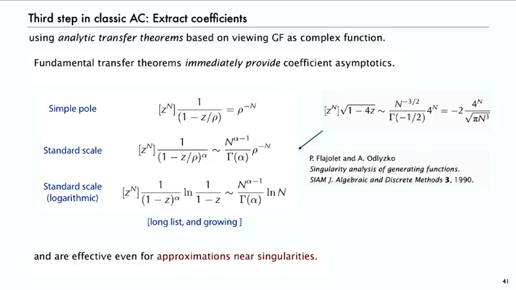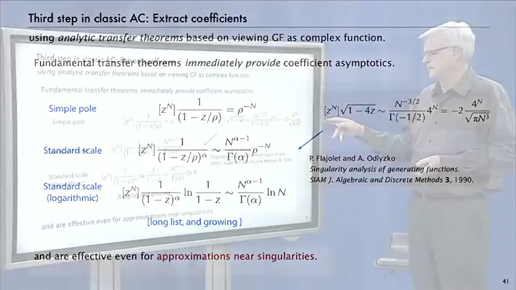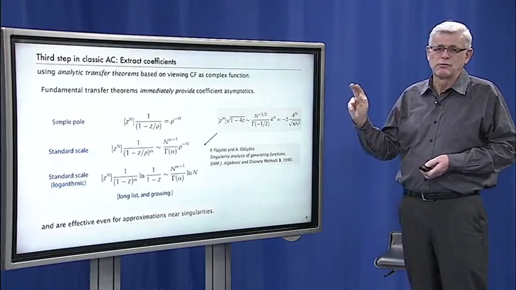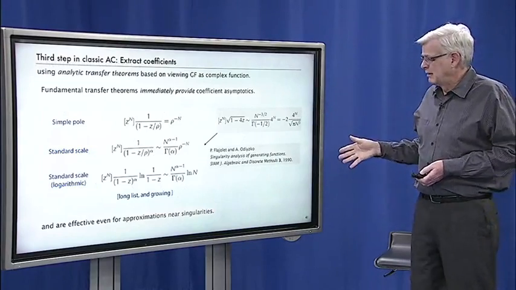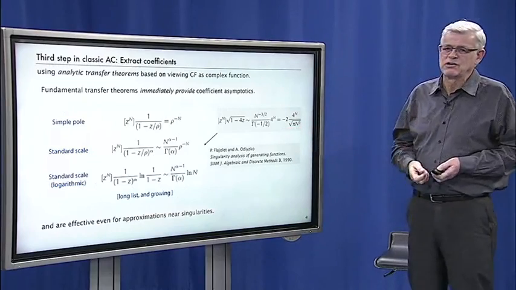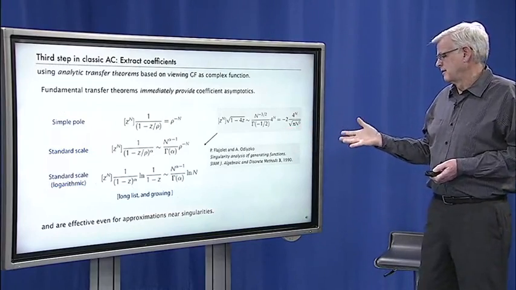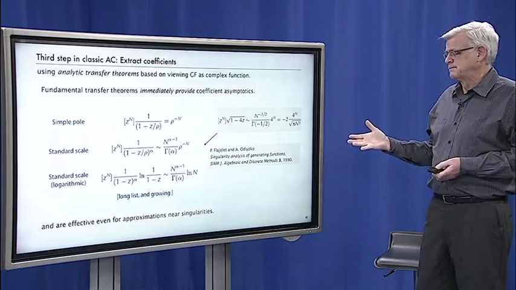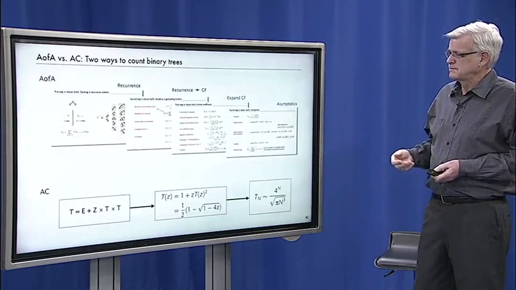It's asymptotic to n to the minus 3/2 over gamma of minus 1/2, 4 to the n. And gamma of minus 1/2 is minus 1/2 square root of pi, and that, boom, gives us the asymptotics immediately, just directly applying the theorem without worrying about all the sophistication underlying its proof. So that's the third step.